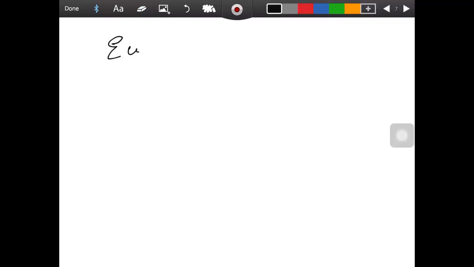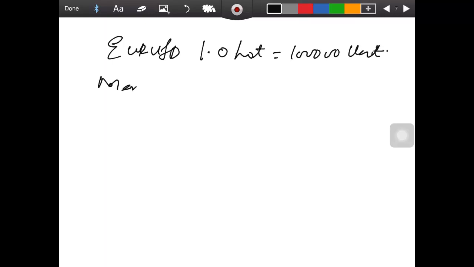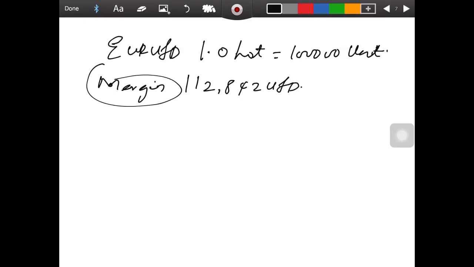If you're buying EUR USD, one standard lot, 1.0 lot, which equals 100,000 units, you need a margin of 112,842 USD. So margin there simply means for me to buy 100,000 euros, I need $112,842. That is the value of 100,000 euros, and that is what I need to buy it.